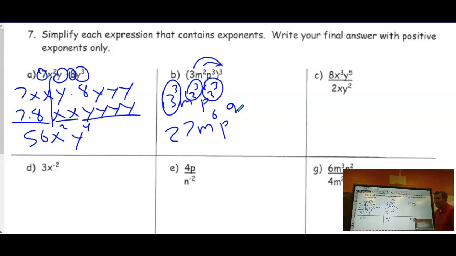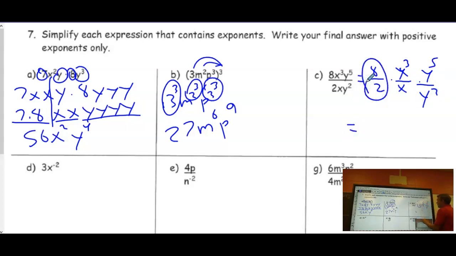Letter C. So if I was going to write out letter C, well, let's just do subtraction. This would be 8 over 2, x to the 3rd over x, y to the 5th over y to the 2nd. Okay, this guy needs reduced. 8 over 2 is 4 over 1, or 4.